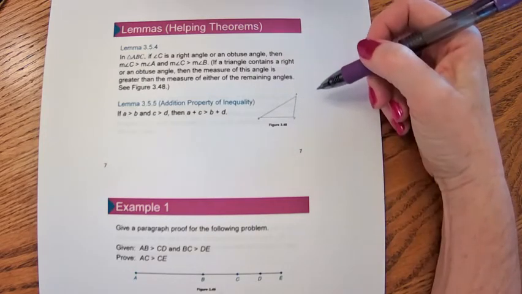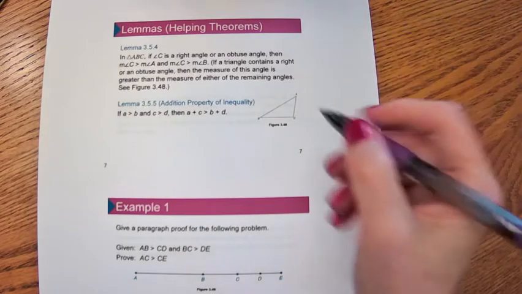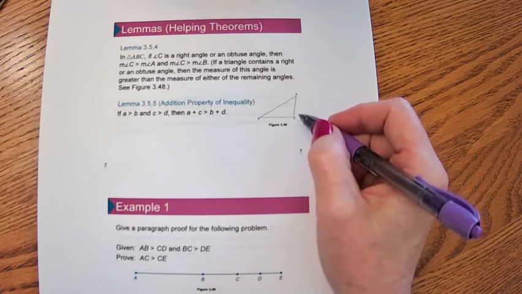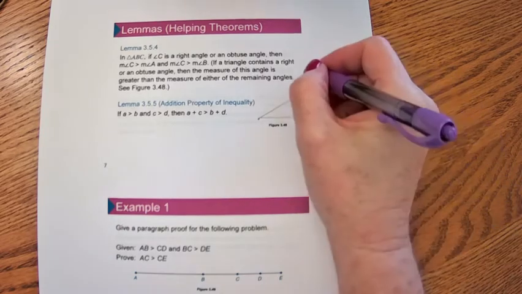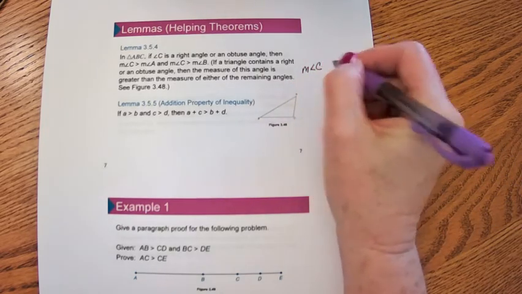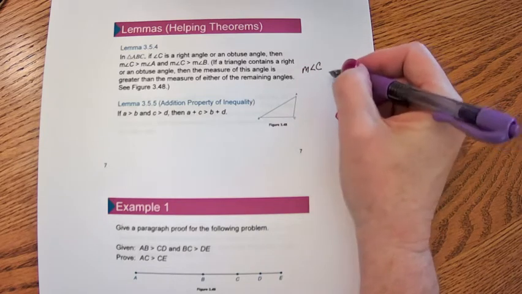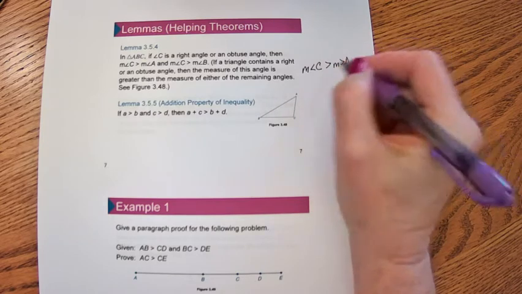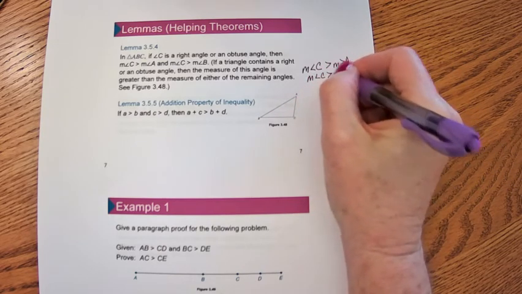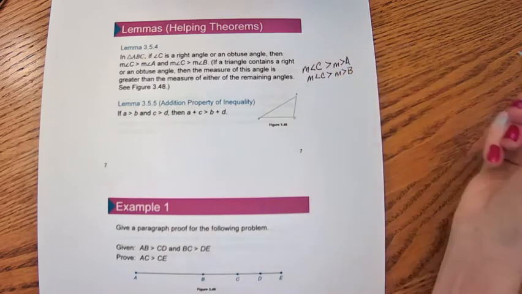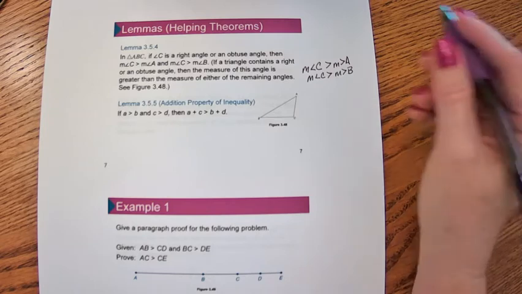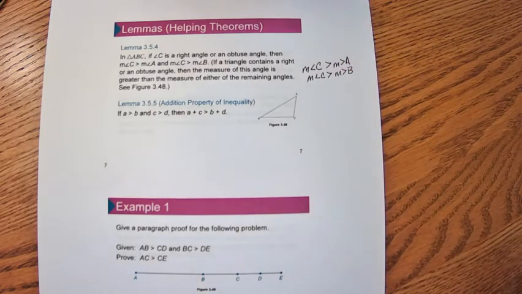If we know the sum of all the interior angles is equal to 180 and one angle is 90 degrees or more, we would know that the measure of angle C, the one that's 90 degrees or more, has got to be greater than the measure of either of the other two angles if the sum is going to equal 180. So hopefully you're getting the idea that the big is always bigger than the smalls. The big is always bigger than the pieces.